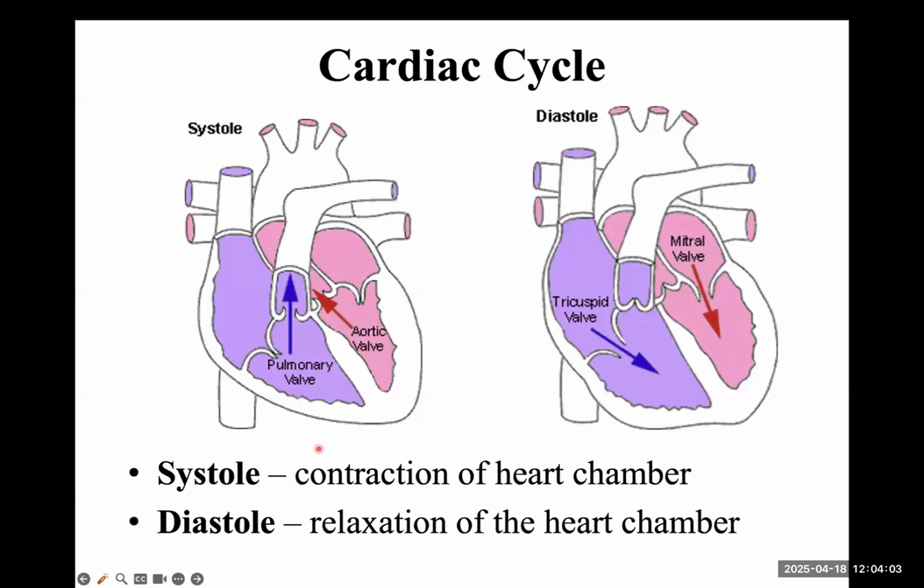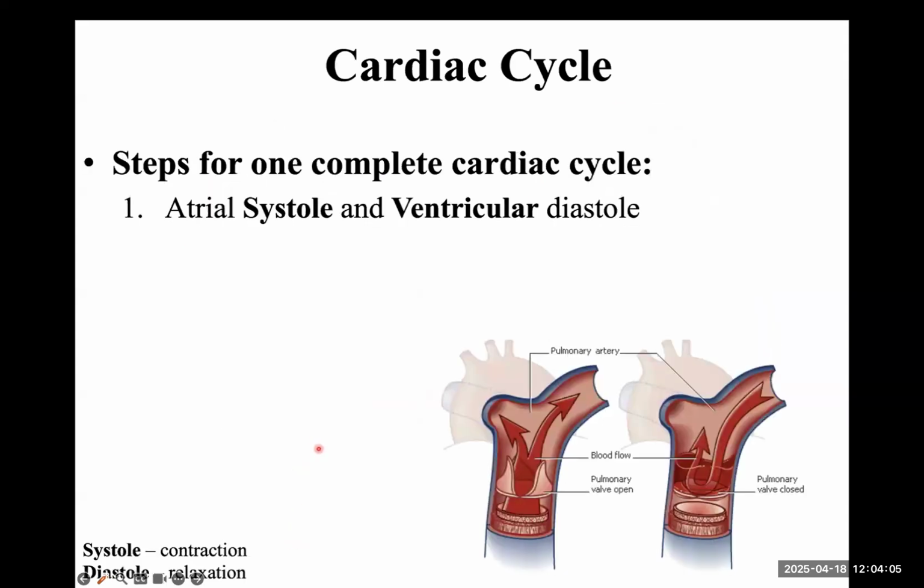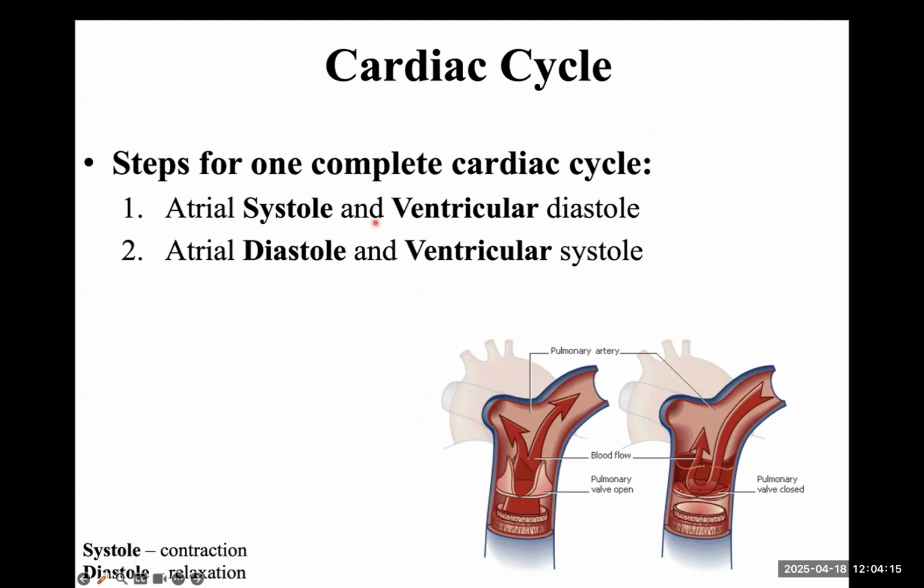So that's how it works. First you have atrial systole, and at the same time you have ventricular diastole, and then it's flipped, it's opposite. Then you have atrial diastole and ventricular systole.